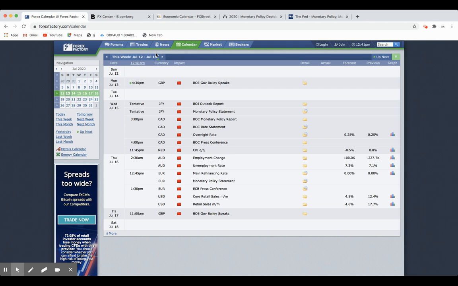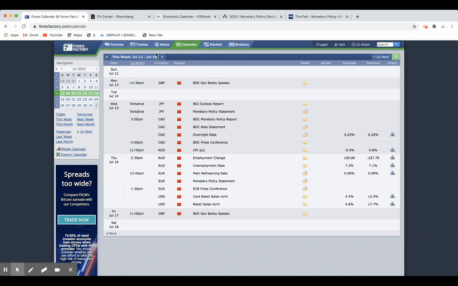So Wednesday is probably going to be a day to avoid the Japanese yen and the Canadian dollar until we've seen those data come out and until we can actually gauge the reaction and the reasoning behind the monetary policy changes and any interest rate changes that we may see. So definitely going to be noting down those interest rate decisions and monetary policy statements on Wednesday.